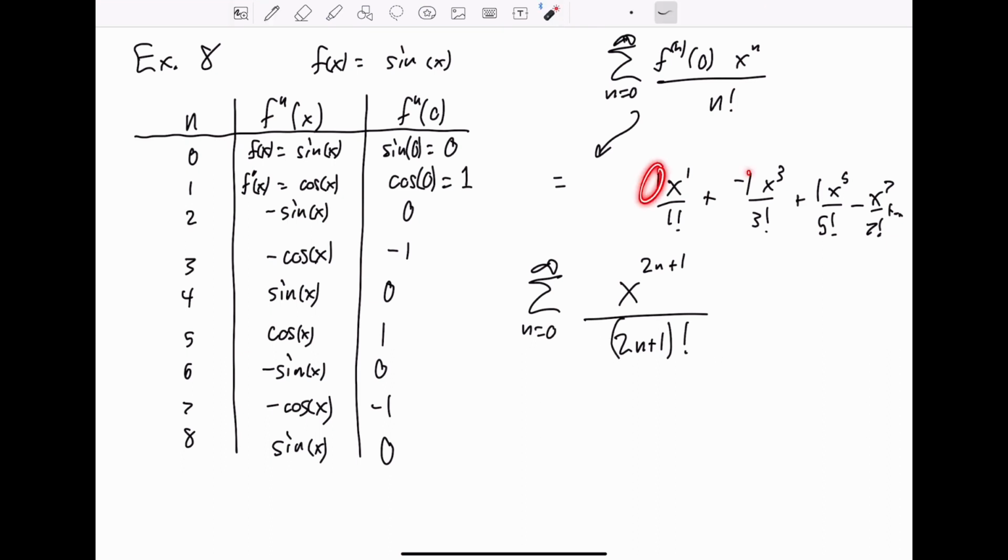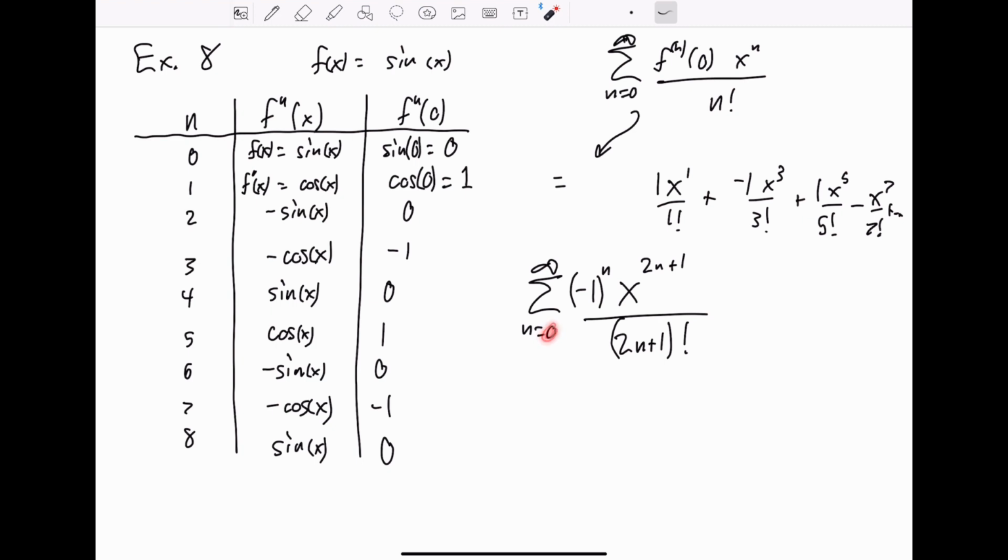There's one other thing going on here. There's this plus minus behavior. How do we get the alternating sign? We multiply by negative 1 to the n. And now we have to check. Do we have plus minus plus minus, or do we have minus plus minus plus? Well, if we plug in n equals 0, we have negative 1 to an even power, that's positive.